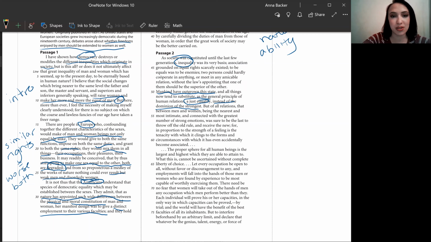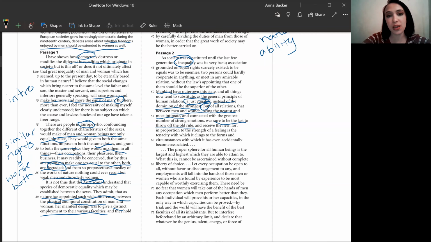But, again, we see that word but, of all the relations, that between men and women being the nearest and most intimate and connected with the greatest number of strong emotions, was sure to be the last to throw off the old rule. So we've made all this progress, but the relationship between man and woman, still not great, still not getting equality.